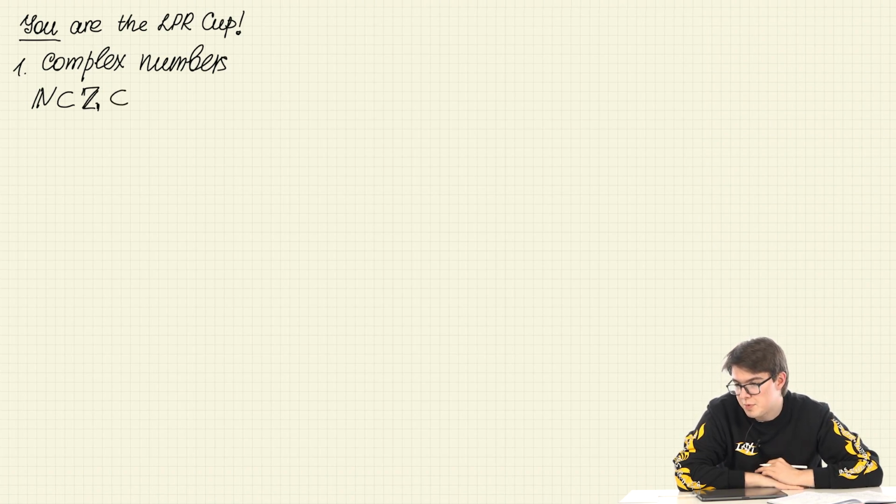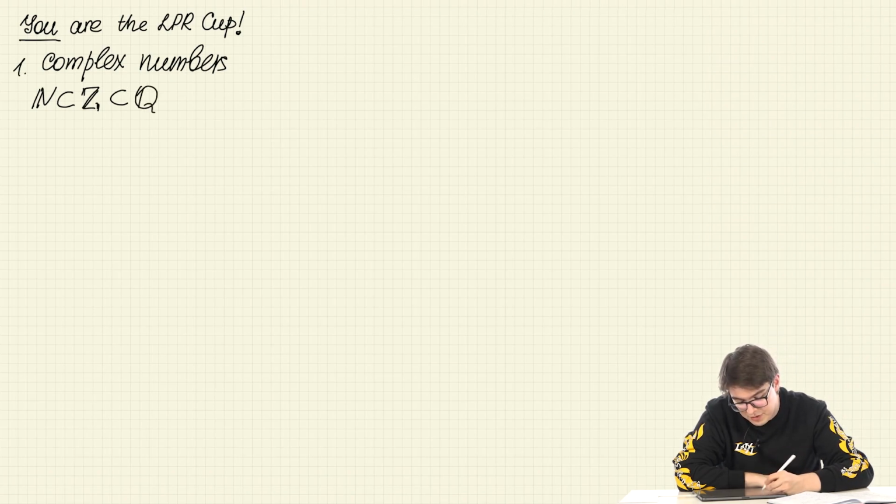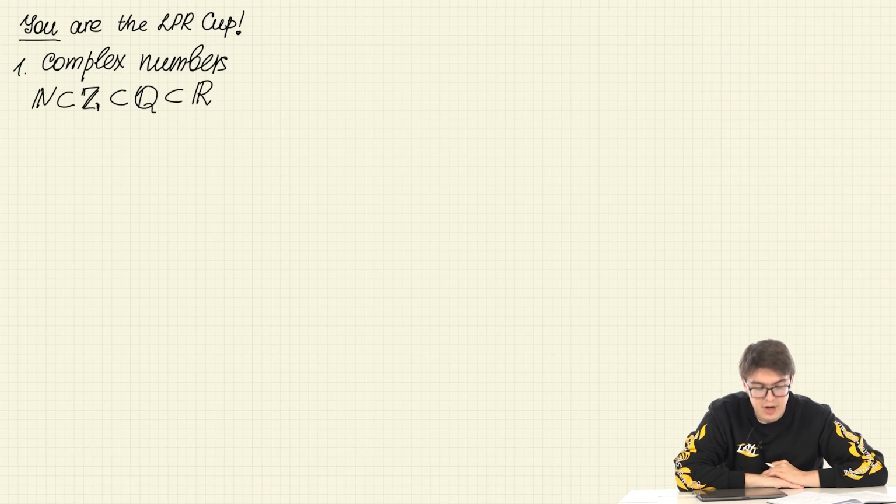Then people decided to invent fractions, which are called rational numbers, and also real numbers, which include irrational numbers and transcendental numbers.